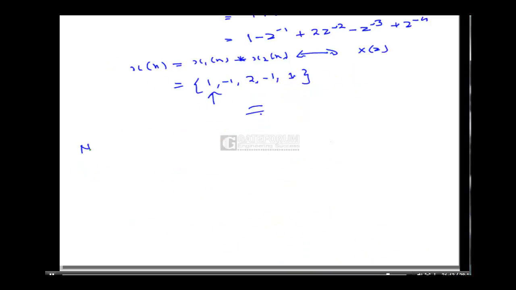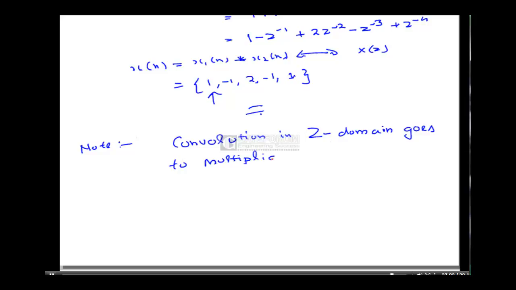Just write a note. Convolution in z domain goes to multiplication in time domain. Okay. One more theorem left in this is initial value theorem.